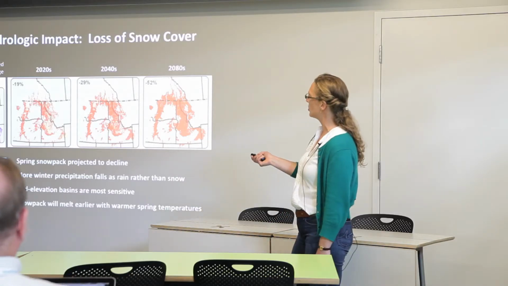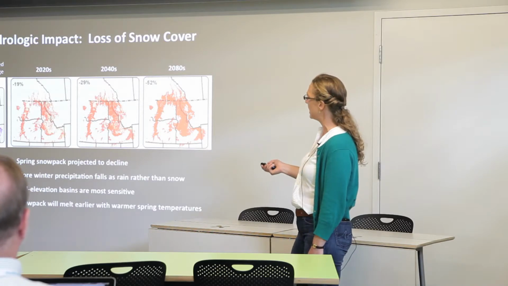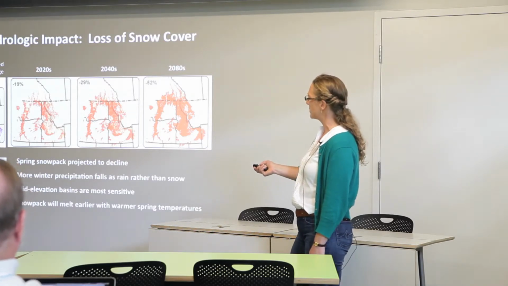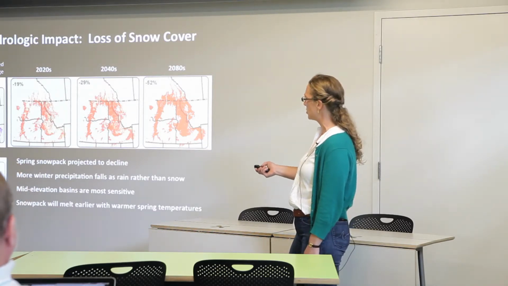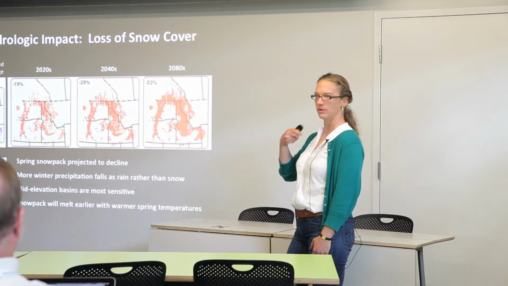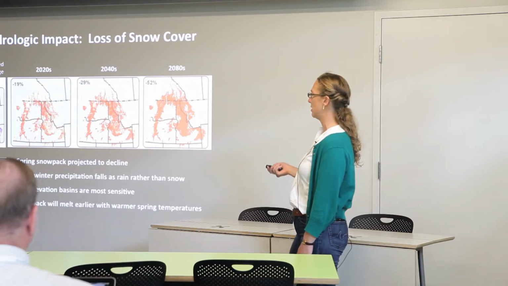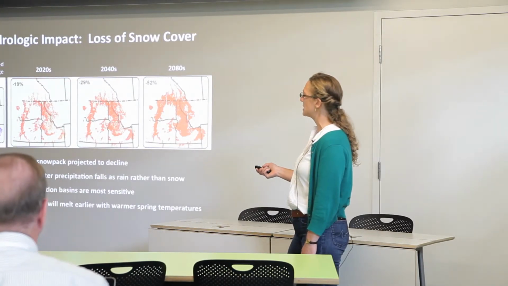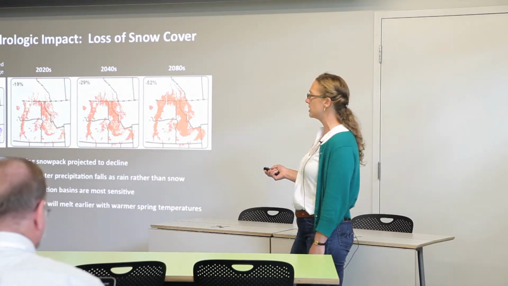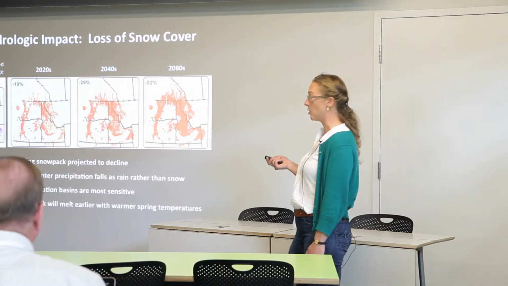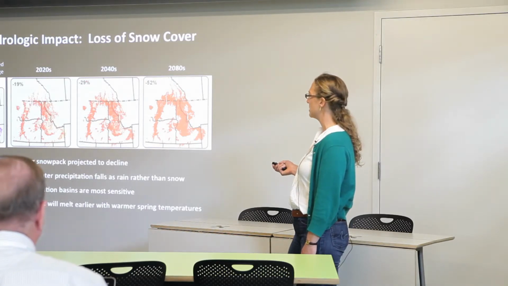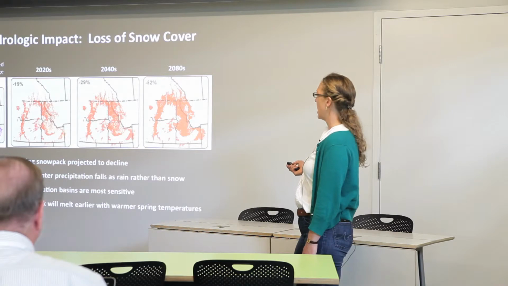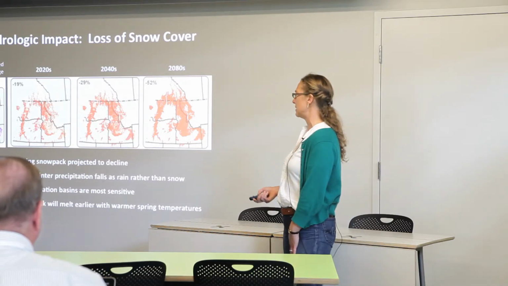Marching into the future, the 2020s, 2040s, 2080s, we see a reduction of snowpack. So this is percent change. So the redder it gets, it means less snowpack accumulating. And so by the 2020s, we're projecting almost 20% region-wide diminishment of snowpack, about 30% in mid-century, and over 50% by the 2080s.